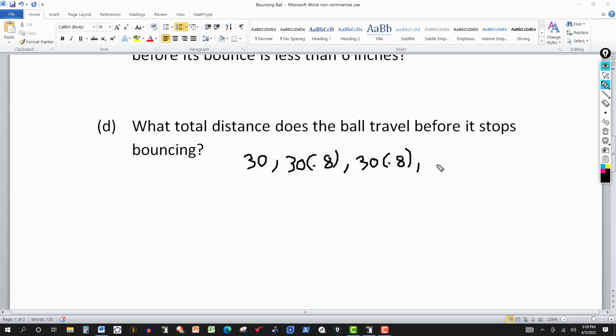And then it goes up 0.8 of that previous distance. So I'll just put a square on this one. And then it falls that same distance.